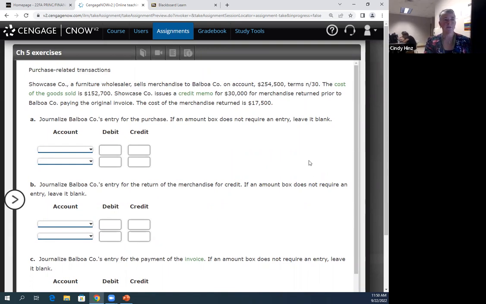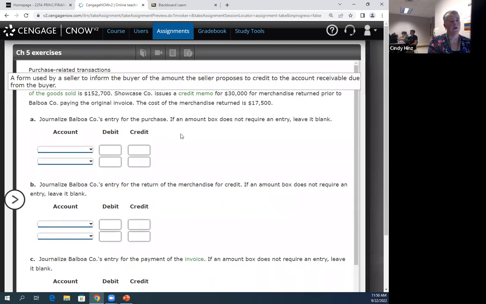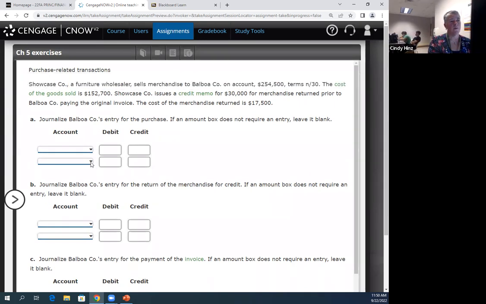Same information, only we are now the purchaser. So we're now recording for Balboa when they purchase the inventory using a perpetual inventory system.